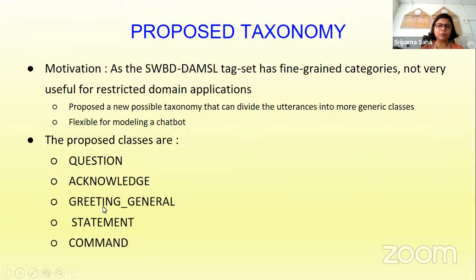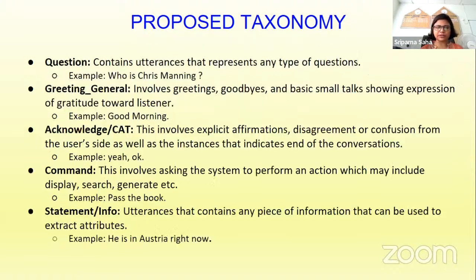This is flexible for modeling a chatbot. Here we have utilized these classes: question, acknowledgement, greeting general, statement, and comment. These are our 5 coarse-grained classes.